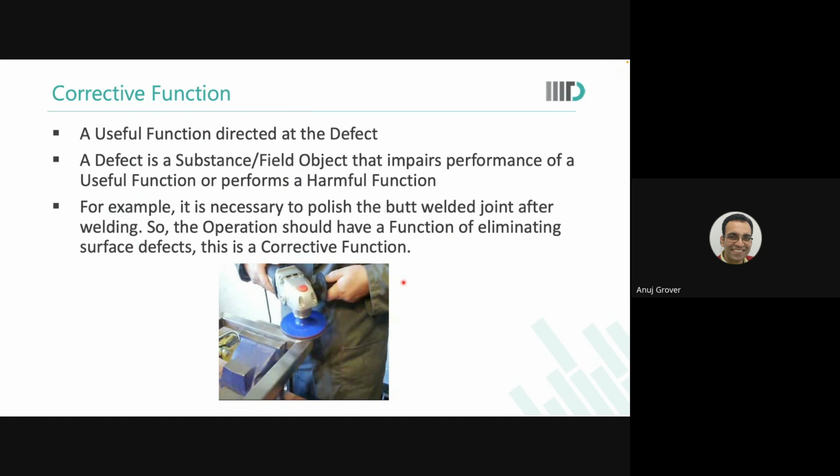Are you with me? So any useful function directed at a defect, whether you are compensating for it or removing something extra, that is a corrective function.